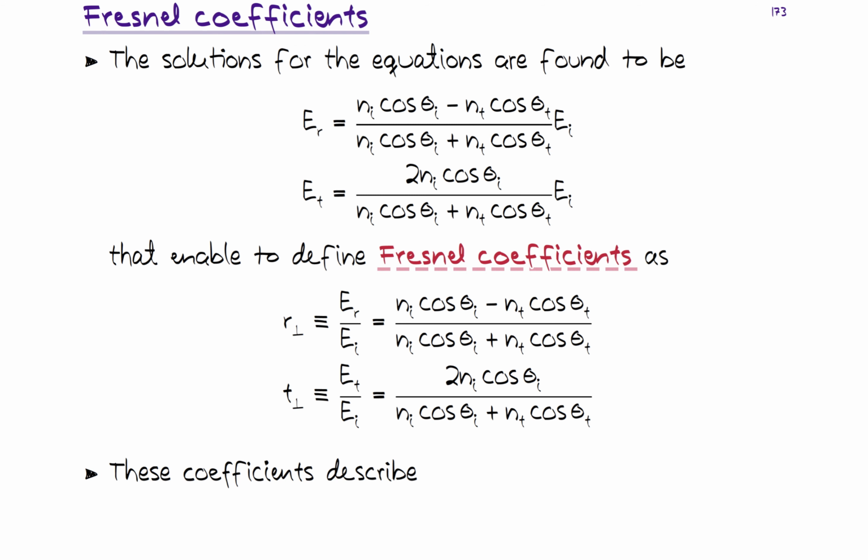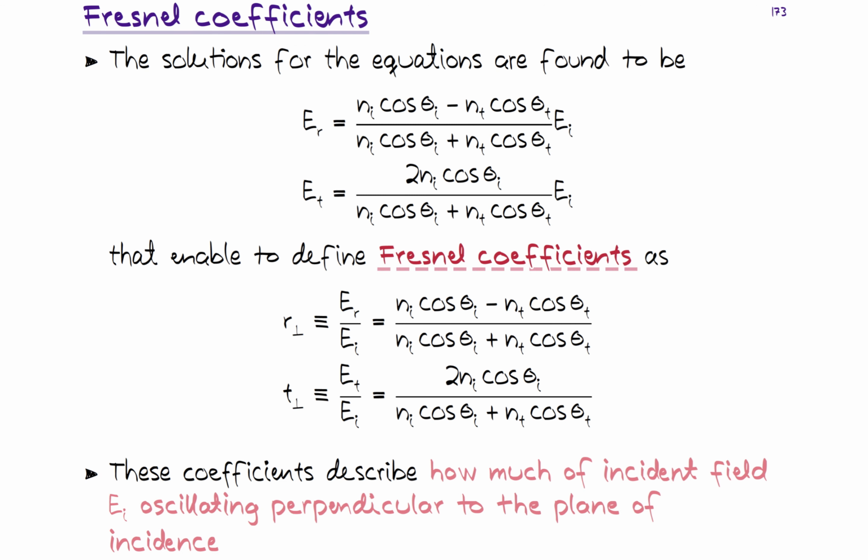So what these Fresnel coefficients R and T tell us is that essentially they do tell us how much of incident light that is oscillating perpendicular to the plane of incidence is being reflected and how much of that is being refracted. And please try your best at memorizing this, meaning why I have this symbol here.